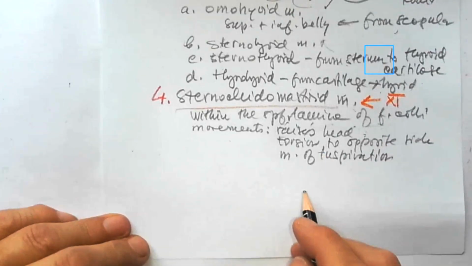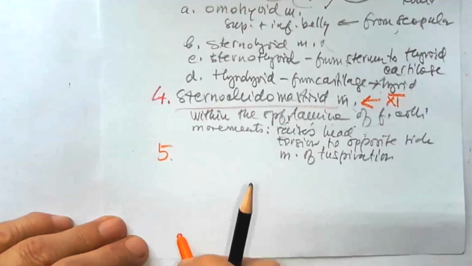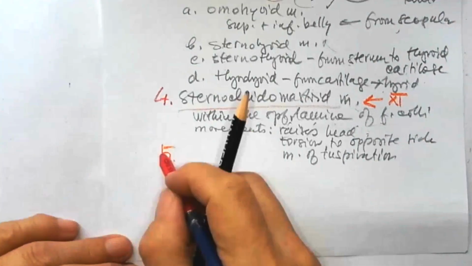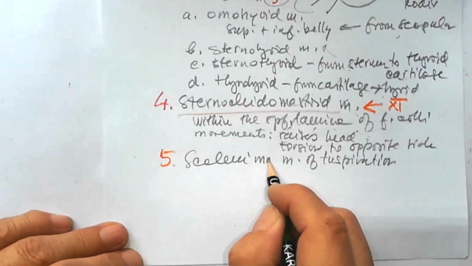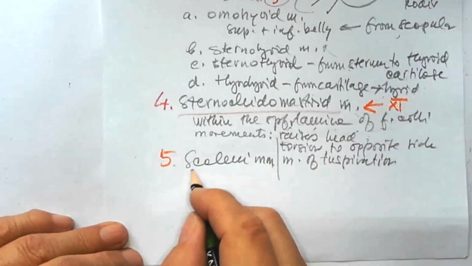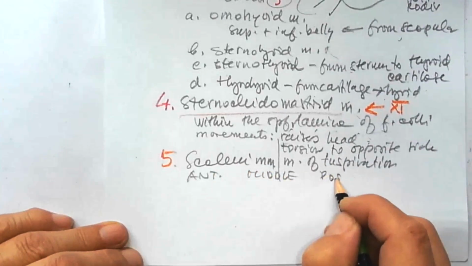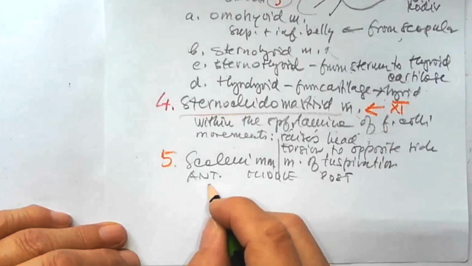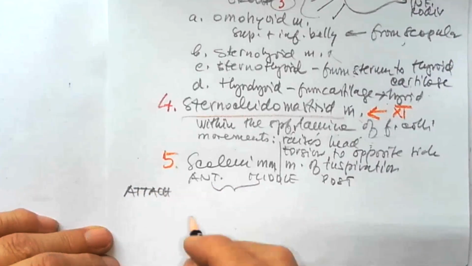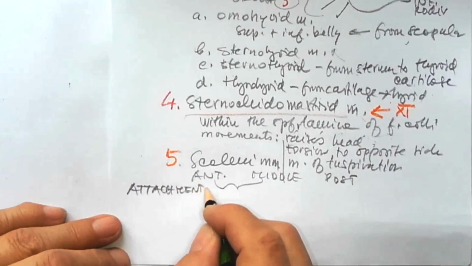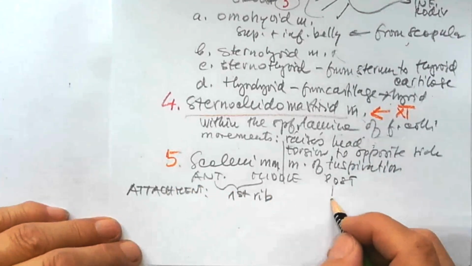Good. Then finally, there are the last two, 5 and 6. Number 5 are the scaleni muscles. This is anterior, middle, and posterior. We could say that anterior and middle are attached, origin or attachment, to the first rib, and the posterior to the second rib.